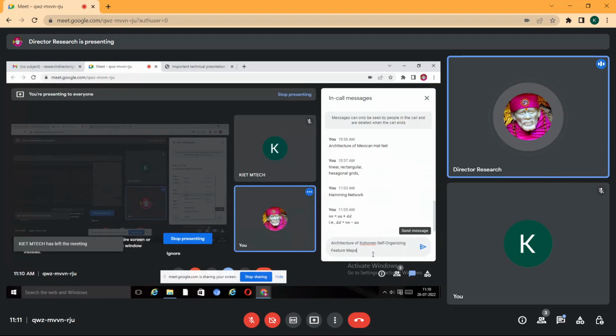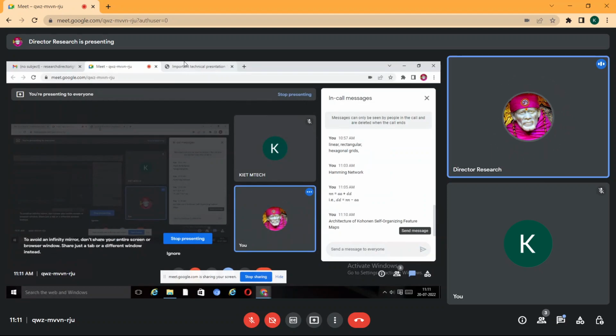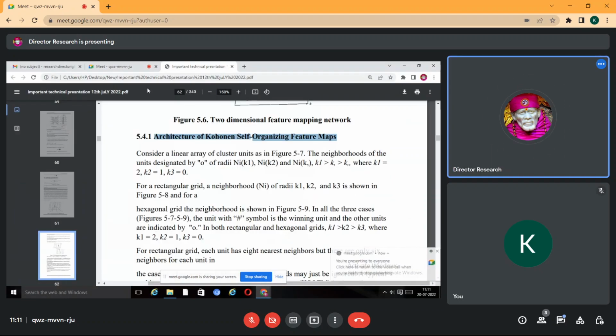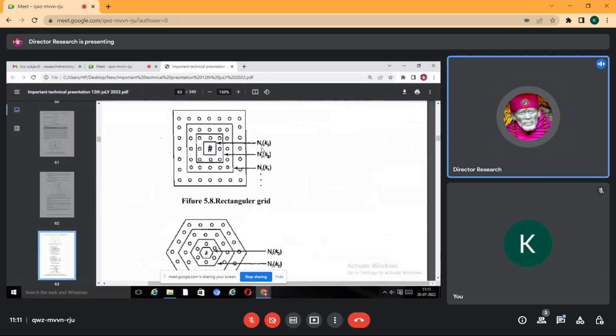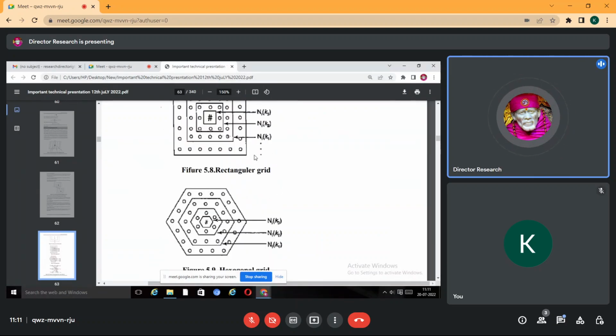For rectangular neighbor, radius and figure. In all three cases you observe the neighborhood, like the linear array of cluster units and the rectangular grid. See how the structure is designed.